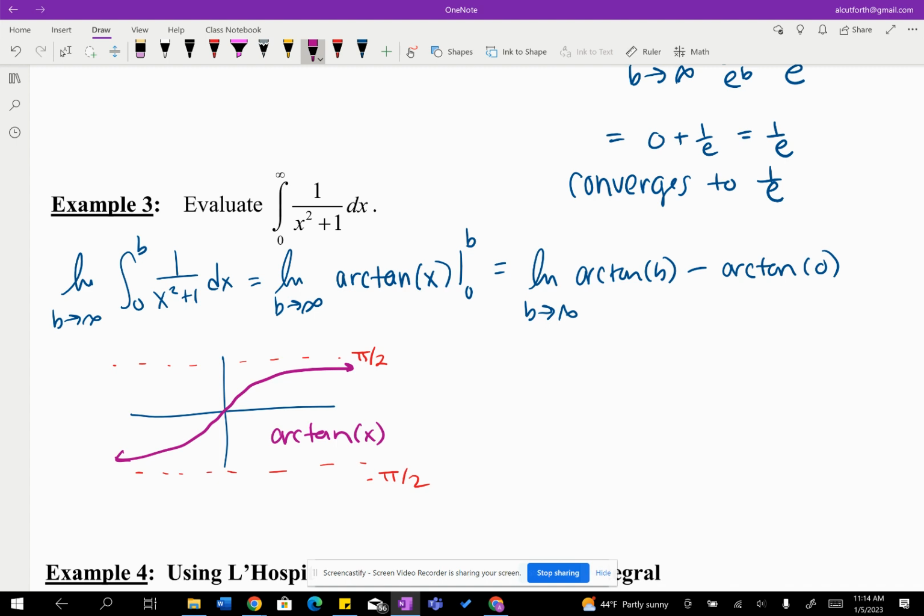So what is arctangent of 0? 0. And as b approaches infinity, what happens as x approaches infinity for arctangent? It approaches pi over 2. So this is going to be pi over 2 minus 0.